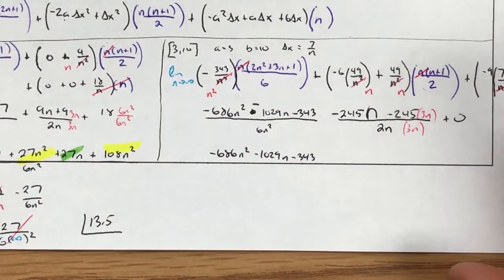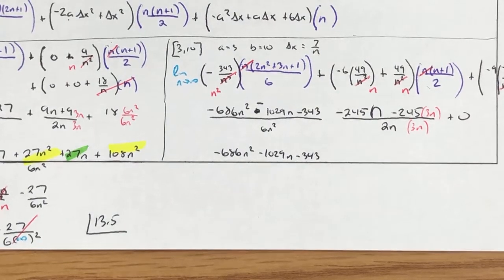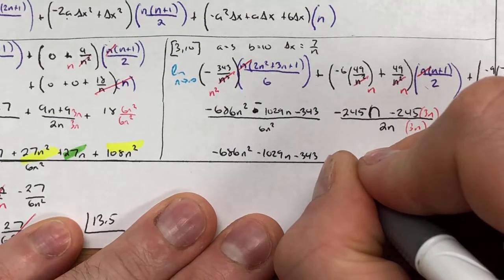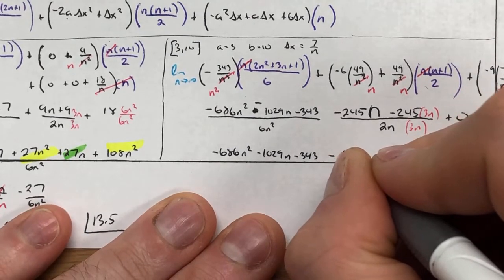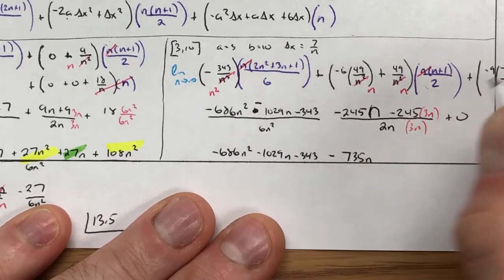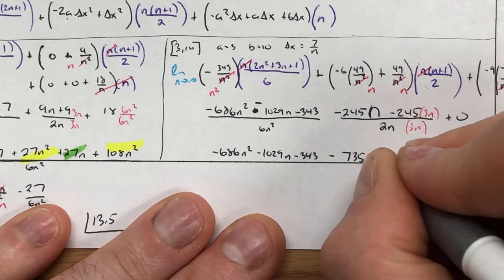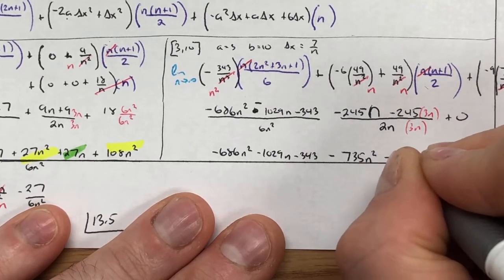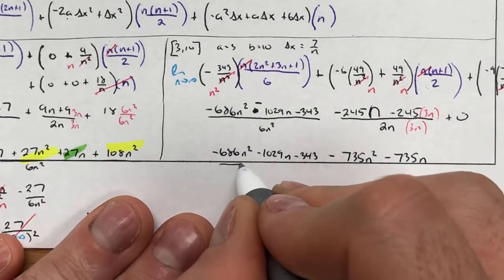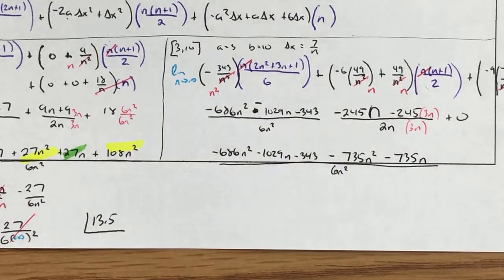Okay, so negative 245. 245 times 3 is going to give me 735. Awesome. All of this is all over a 6n squared.